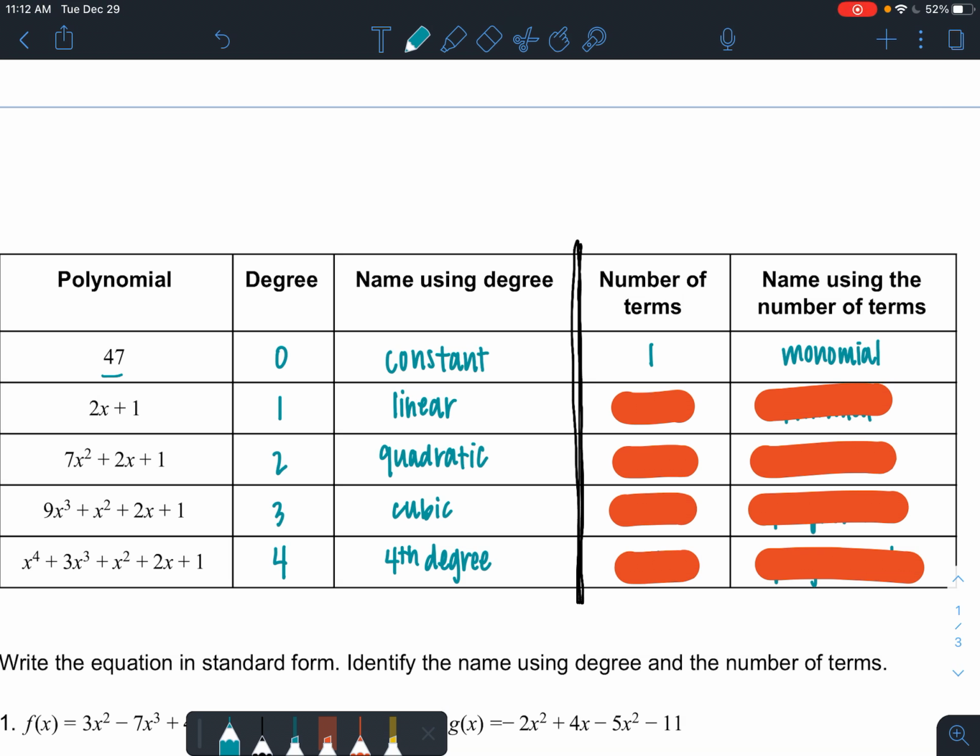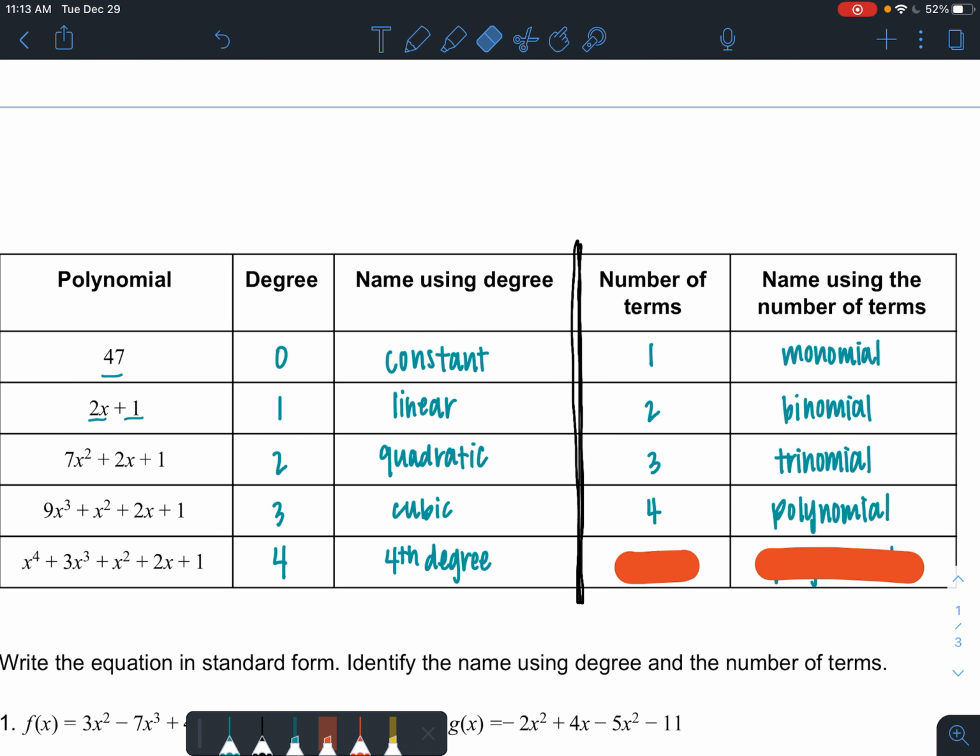If I have something with two terms, 1, 2, then I can call it a binomial. 3 terms is a trinomial, and then on up from there, we'll just start calling them polynomials. So go ahead and fill out that chart. That way you have it for reference.